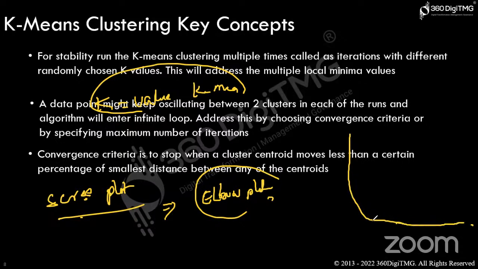Whatever value we have at the elbow, we will consider that as good. At that point, it might perform well, but we are not taking exactly that. You can iterate over nearby values as well. Based on that, wherever you are getting a good cluster that makes sense, that value we will take as the best cluster.